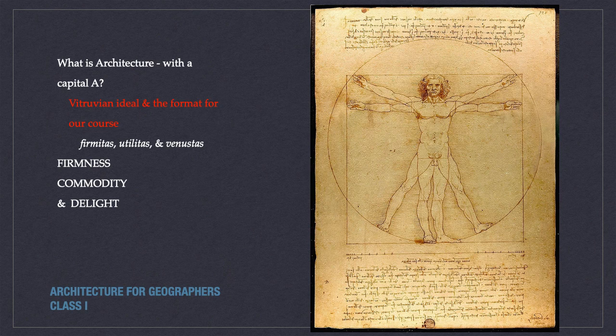And finally, delight, by introducing aesthetic concepts, for example, anthropomorphism, as exemplified by Da Vinci's rendering here of the Vitruvian Man, human scale, whole number and other proportion systems, and by encouraging the palpable experience of architecture through all 5 senses.